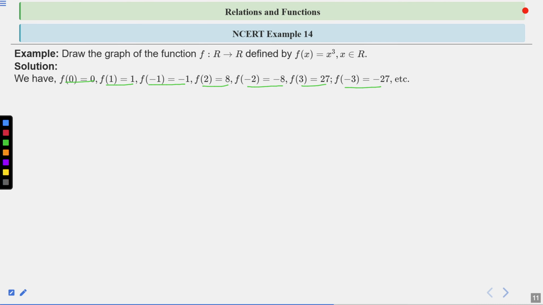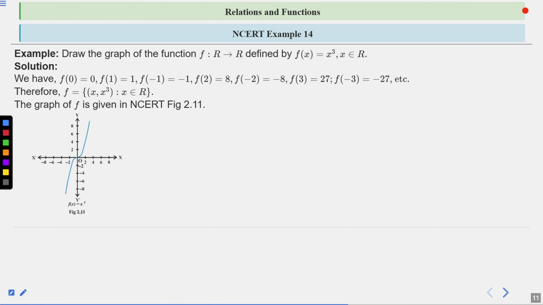Clear? This function, which is your relation, a special type of relation, is the collection of all ordered pairs (x, x cube) such that x must be from the reals.